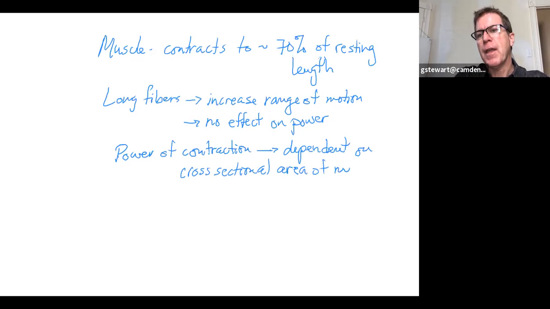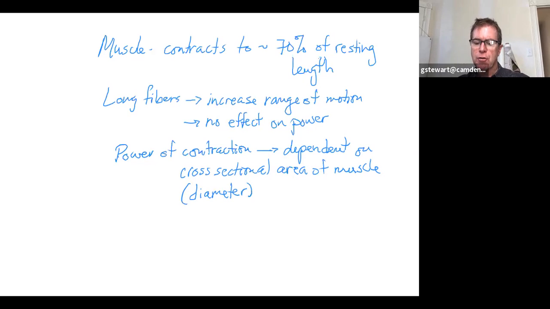That's a fancy way of just saying the diameter of the muscle. So when we slice it, the larger in diameter the muscle tissue is, the more power it can generate. A short fiber can contract just as forcefully as a long one, but more fibers in that cross-sectional area or diameter is what increases the power.